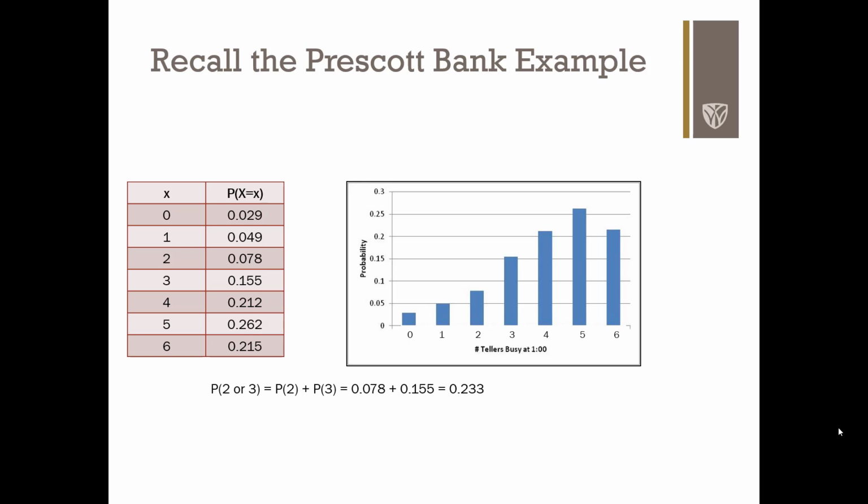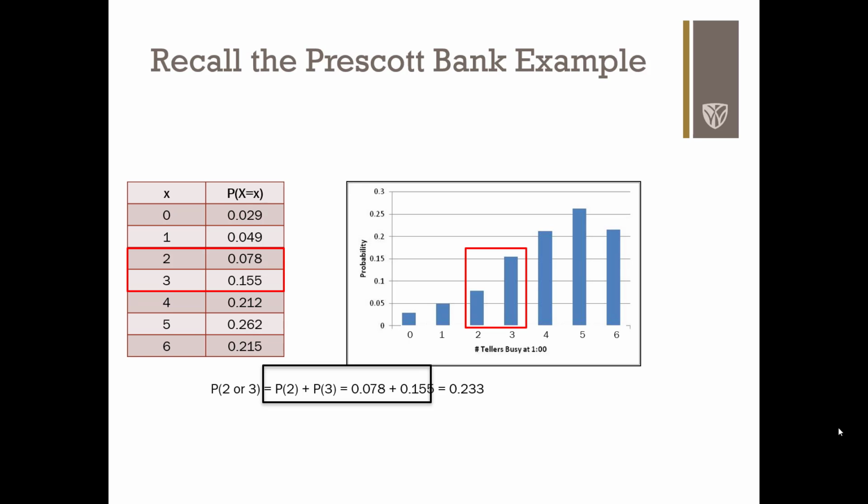When we first introduced the Prescott Bank example, we introduced a discrete distribution and we looked at it in a tabular form. And we talked about how we could actually compute probabilities by adding up the different cells in that distribution, and we could represent that in a numeric way. But we could also represent that distribution graphically with a bar chart, where the height of each bar represents the probabilities.